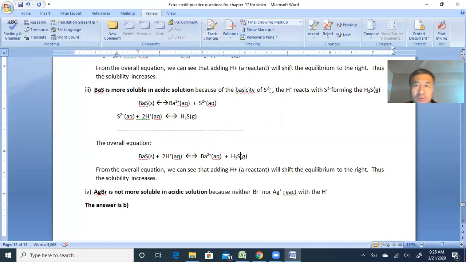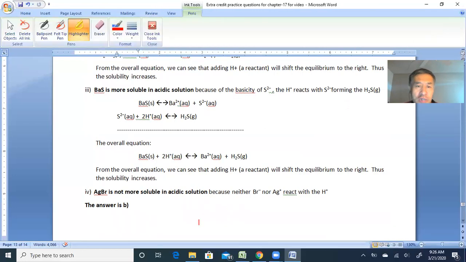As we said before, Le Chatelier's principle tells us that if we add a reactant in aqueous state, that will shift the equilibrium from left to right, which means using up those solids. That means the solid will dissolve more. The last salt, AgBr, is not more soluble in acidic solution because the anion is Br-.